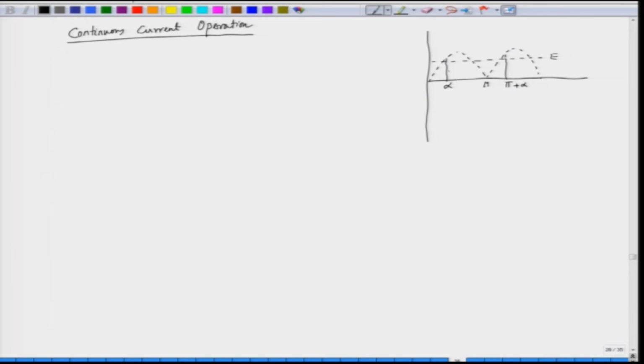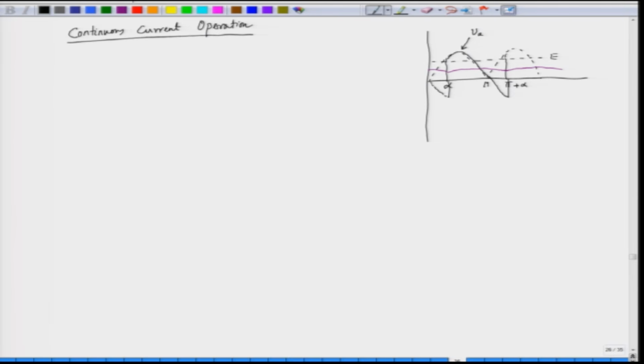So, the current here, if we draw the current in this case, current is continuous, current does not come down to 0. So, this is our voltage and the voltage looks like this. We are triggering at an angle alpha and then it is continuous till pi plus alpha.